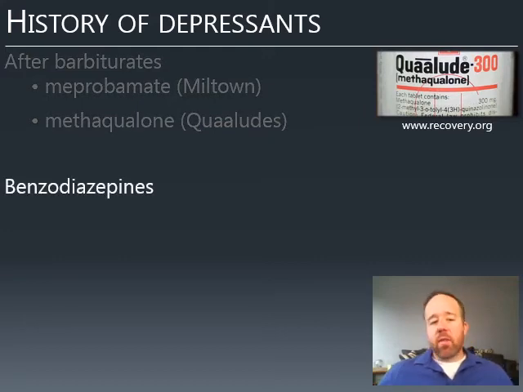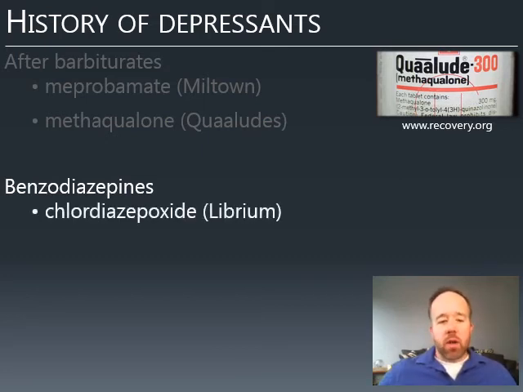And then finally, we have the benzodiazepines, which are the most commonly used depressant other than alcohol today. Widely prescribed, widely used, and to a certain degree, widely abused as well. The first one was chlordiazepoxide, which is marketed under the name Librium, and it's not used quite as much anymore.